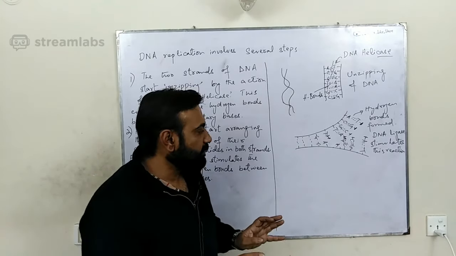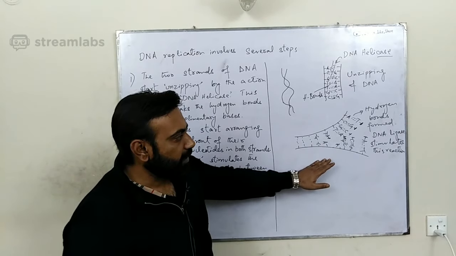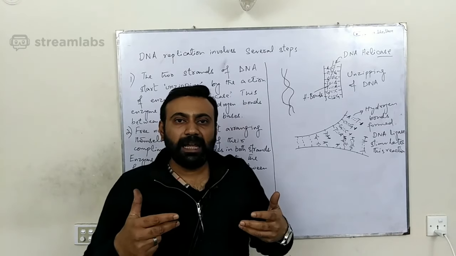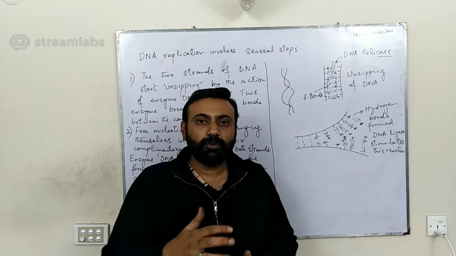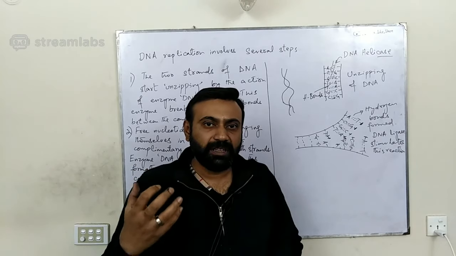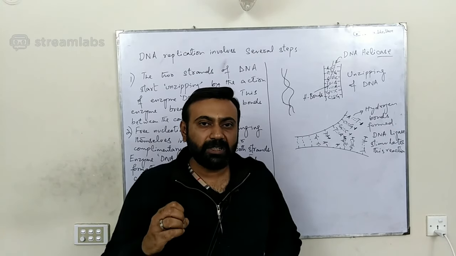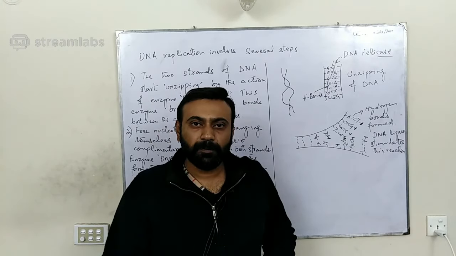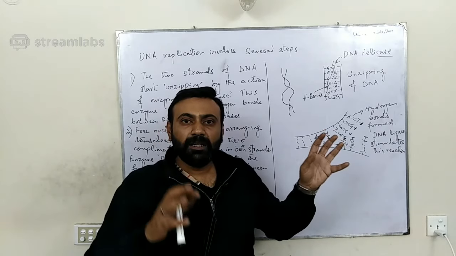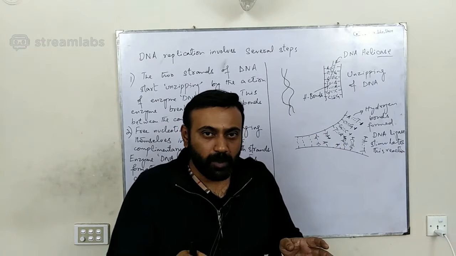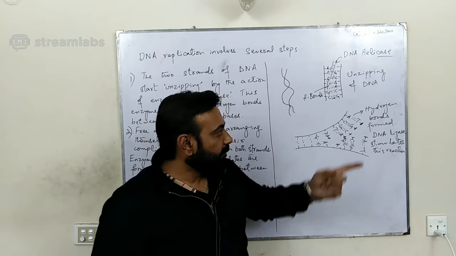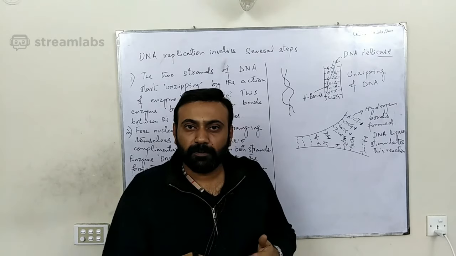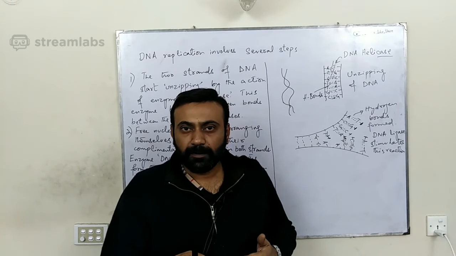Moving on to the next point, the next type of enzyme is DNA ligase. Again, it is an enzyme. That means it has to speed up or control a specific type of reaction. Which type of reaction does it control? The opposite of DNA helicase's reaction. DNA helicase was breaking hydrogen bonds between nucleotides. DNA ligase forms hydrogen bonds between the bases of complementary nucleotides.